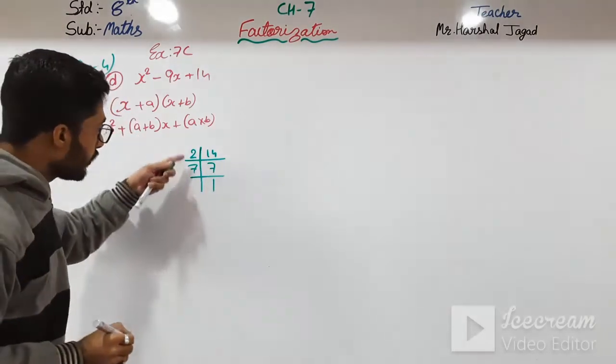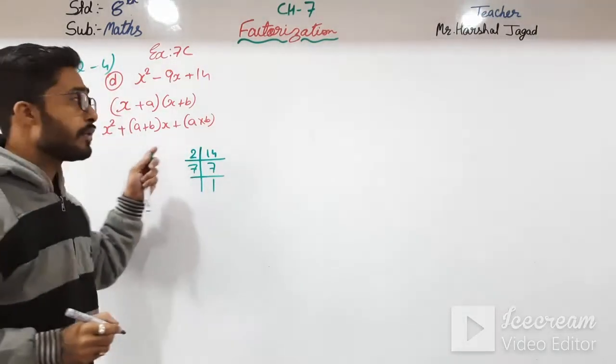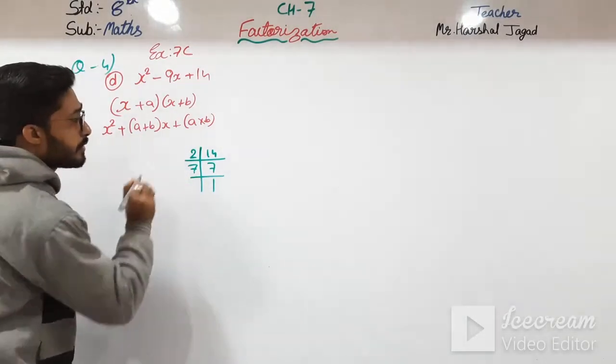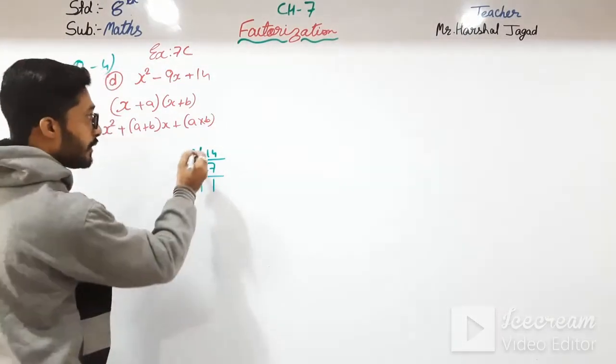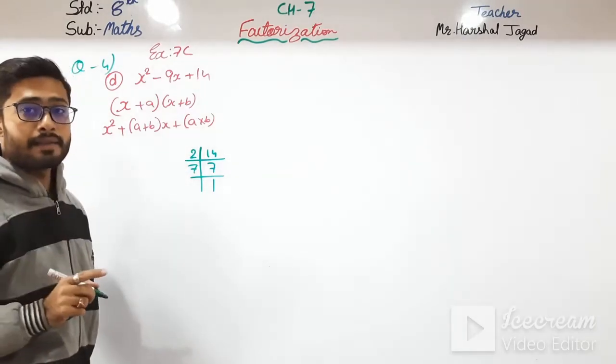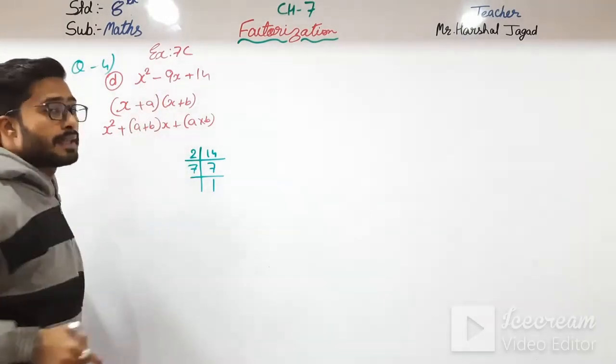So here you can see two factors are there, that is 7 and 2. 7 plus 2 is 9, and 7 twos are 14. But you can see there is a minus sign given here.